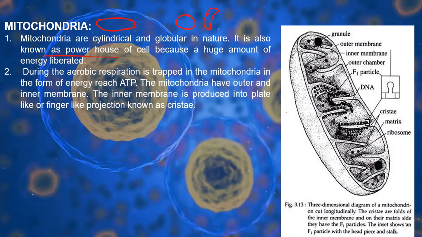So during aerobic respiration, what do you understand by aerobic and anaerobic respiration? Can anyone tell me what aerobic respiration is and what anaerobic respiration is? Simply, this is aerobic respiration, and this is anaerobic respiration.